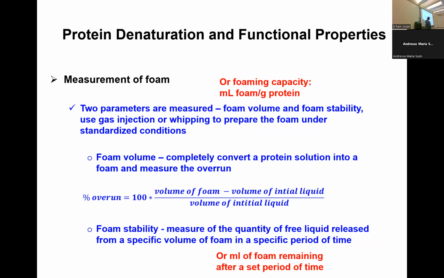So that means how much air was incorporated over the volume of the initial liquid. Stability is after a certain period of time, you measure the foam volume again, and that will determine the decrease in foam over time, giving you an estimation of the foam stability using different types of proteins.